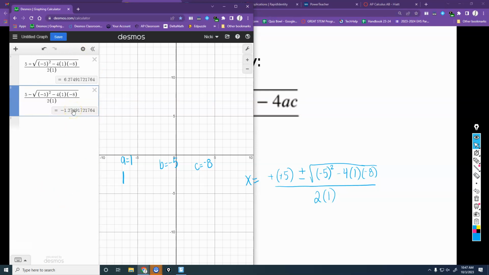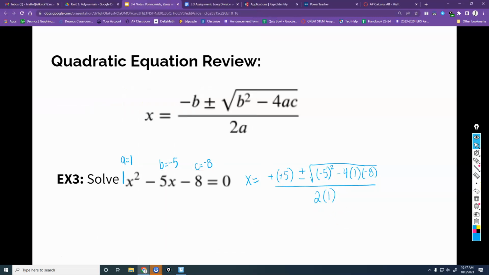So that works great if we need a decimal for this, right? But a lot of times, they'll give you answer choices that are not decimals, or they'll be asking you for the exact answer. So if they do that, then you're just simplifying this here. So you'll have 5 plus or minus, and then you can do this part in your calculator or in Desmos.